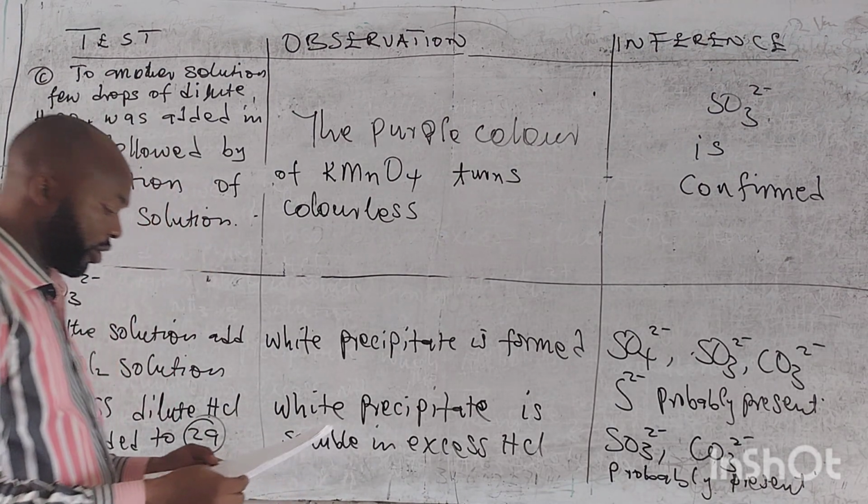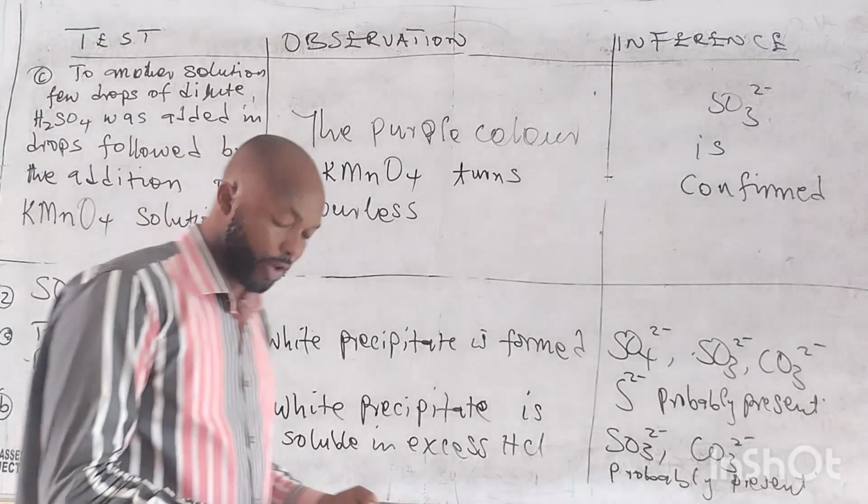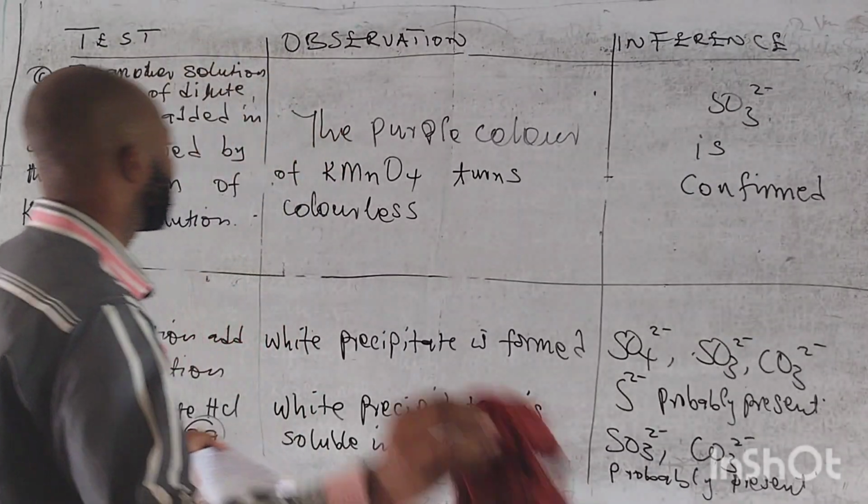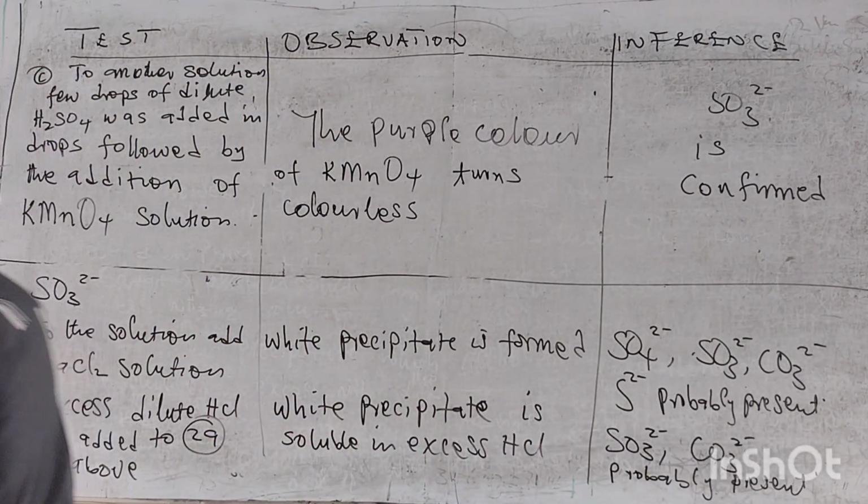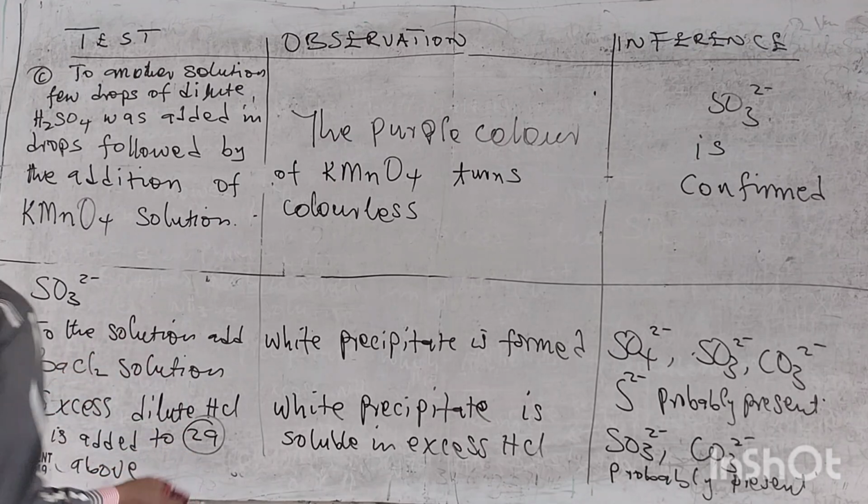Let's test for trioxonitrate(V) ions. Number 3.